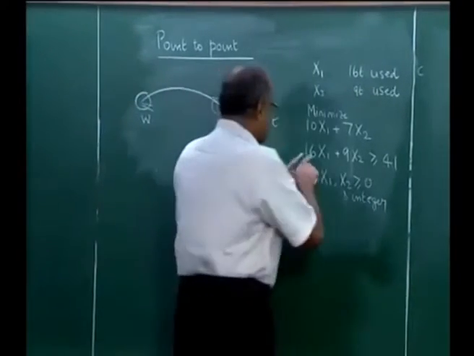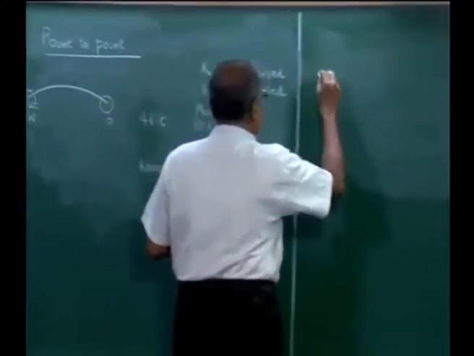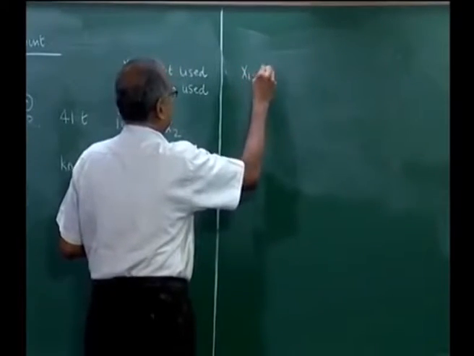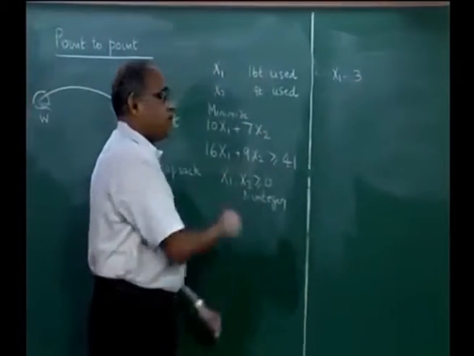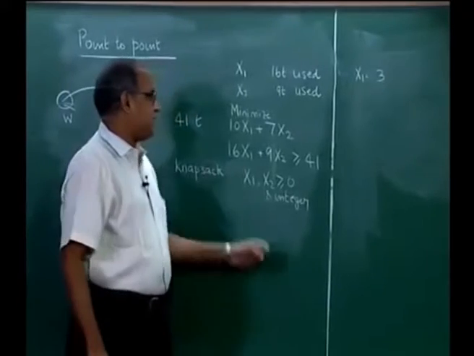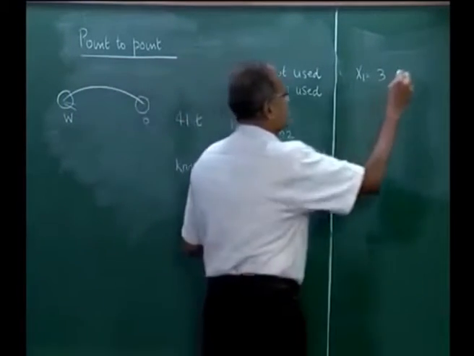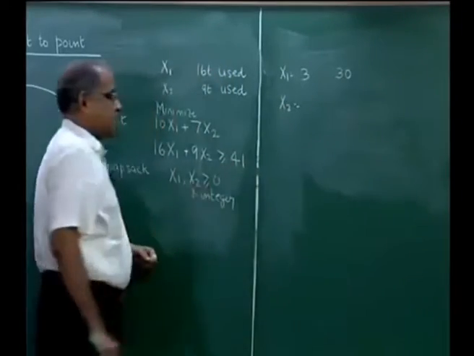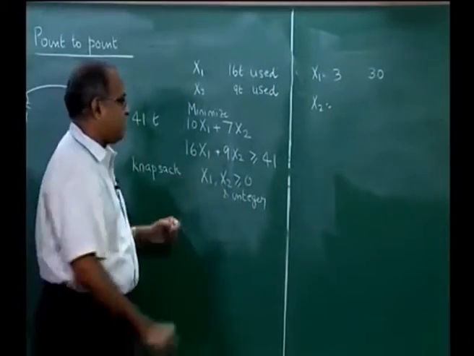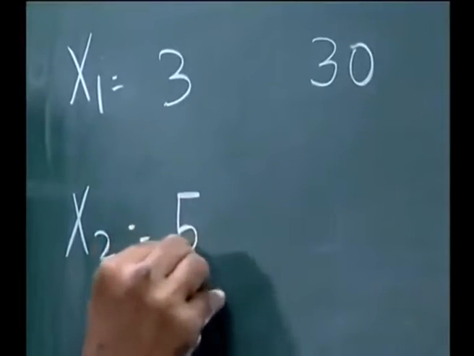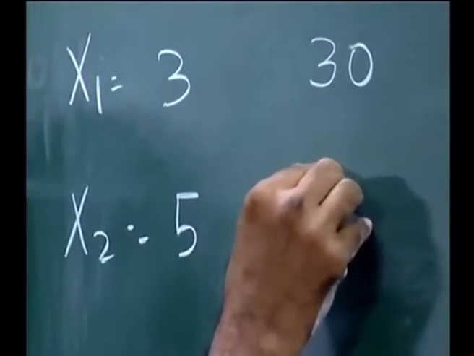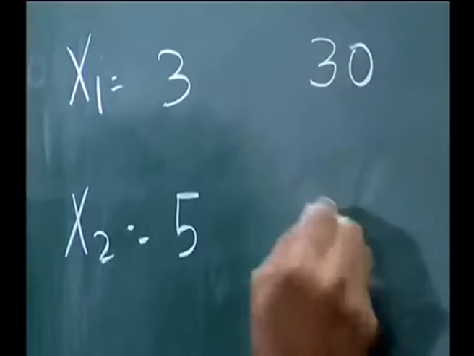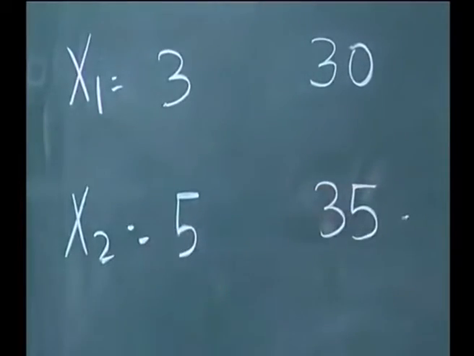Now, if we use only 16-ton trucks, then we will require x1 equal to 3, which is the upper integer of 41 by 16. So, we will need 3 trucks here and the cost will become 30. If we use only 9-ton trucks, then we would need 5 such trucks, and the cost will be 7 into 5, which is 35.